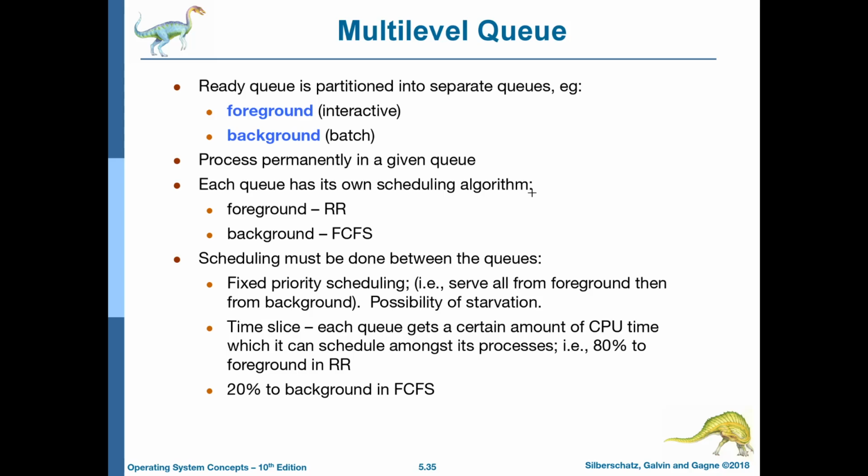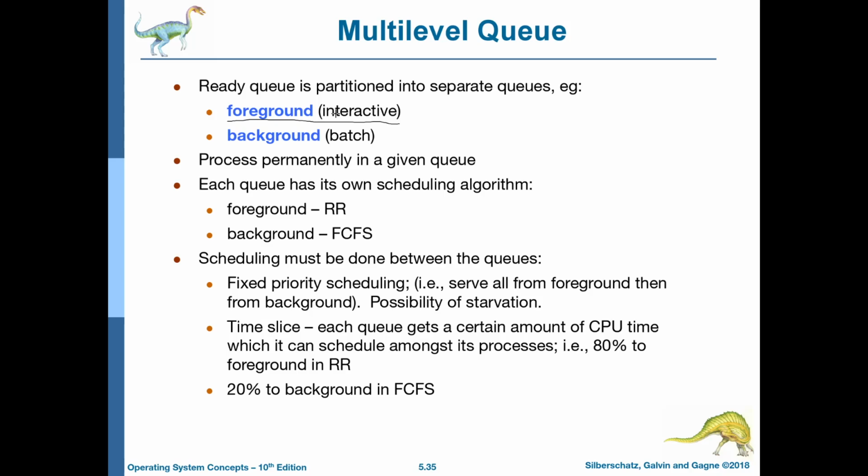So, very frequently, we have our ready queue divided up into separate different queues. We'll have a queue of jobs that need to be interactive, meaning that we want those particular jobs to have a fairly quick response time, not suffering from anything like the convoy effect.